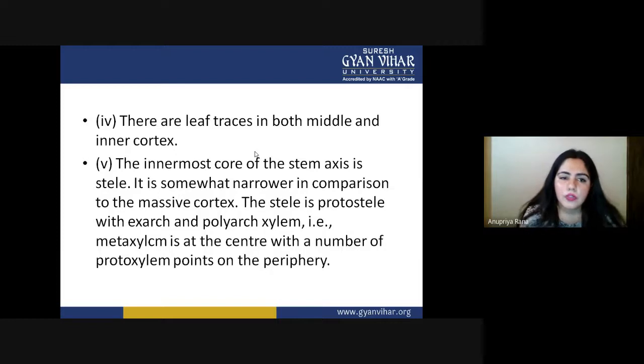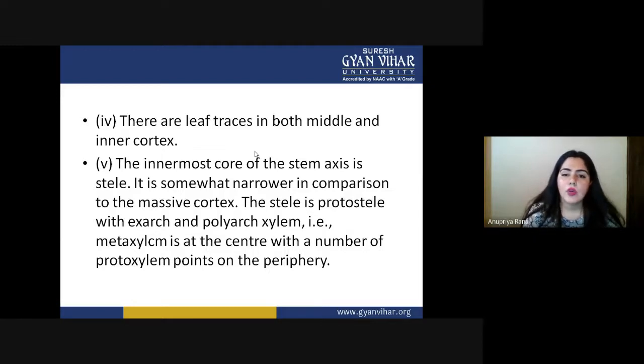It is very narrow in comparison to the massive cortex. The cortex is so massive that we can differentiate it into three particular zones. But the stele portion is not very massive or highly advanced or developed.